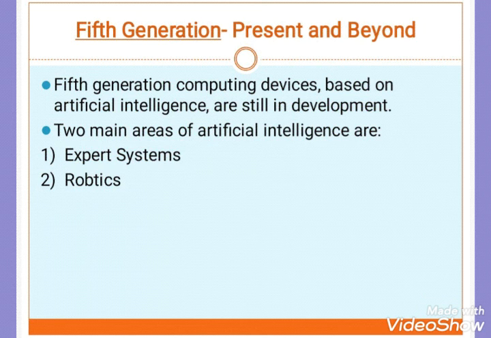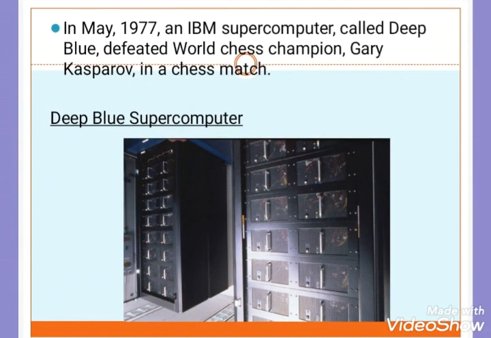Now you can see the picture, how it looked. In May 1997, an IBM supercomputer known as Deep Blue defeated world chess champion Garry Kasparov in a chess match.